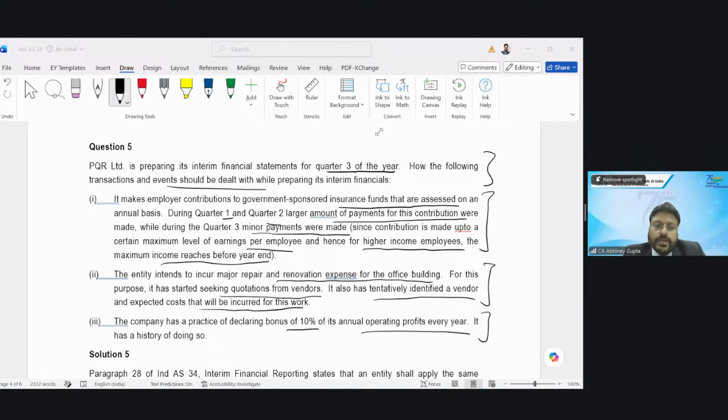And item two and item three? What is your response? For item two, you are saying not to record expenditure related to the future event. Okay. Manish is saying expense should be recognized in the quarter in which it is incurred. Okay.